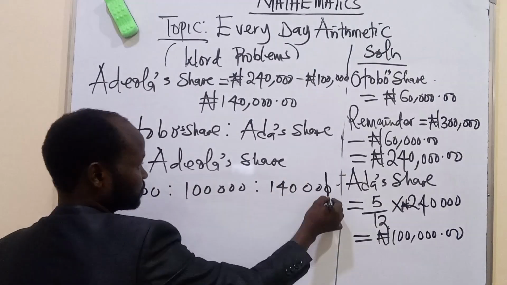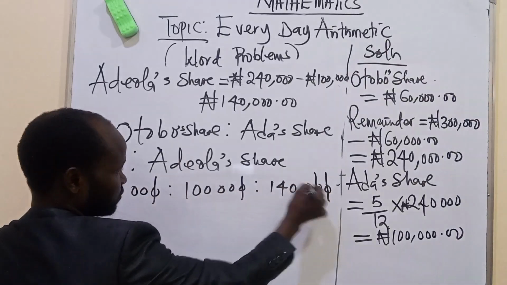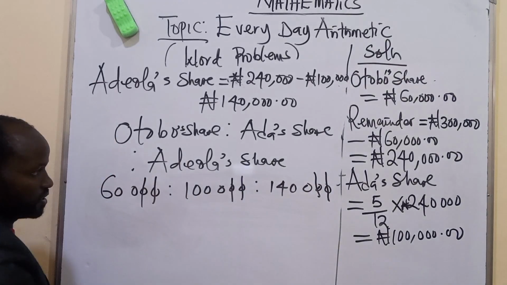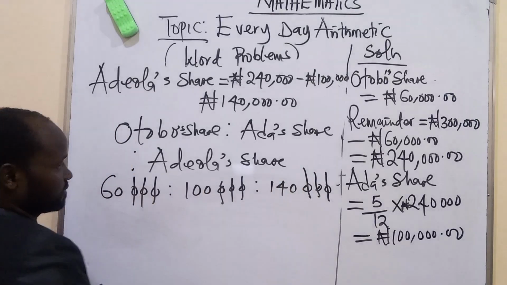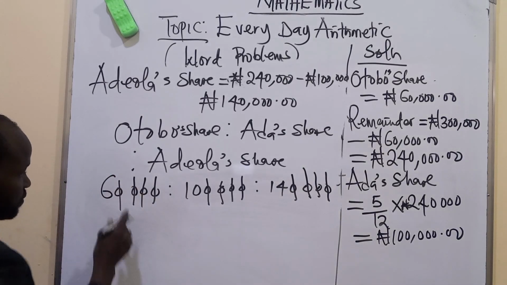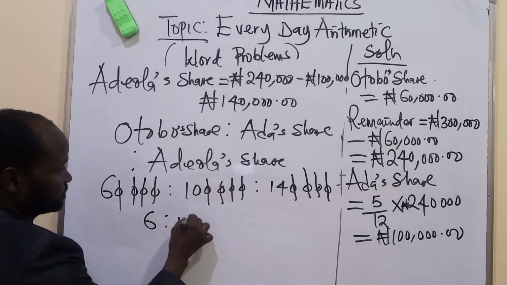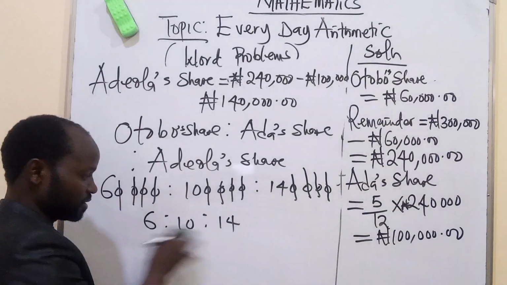Let's reduce this. We can remove these zeros here. At the end of the day, we'll be left with 6 is to 10 is to 14. The common factor between these numbers is 2.